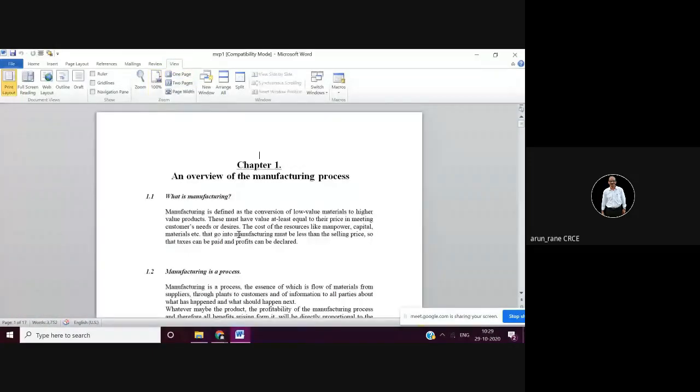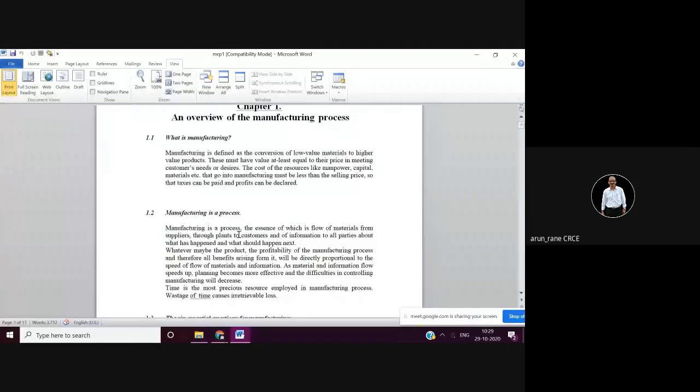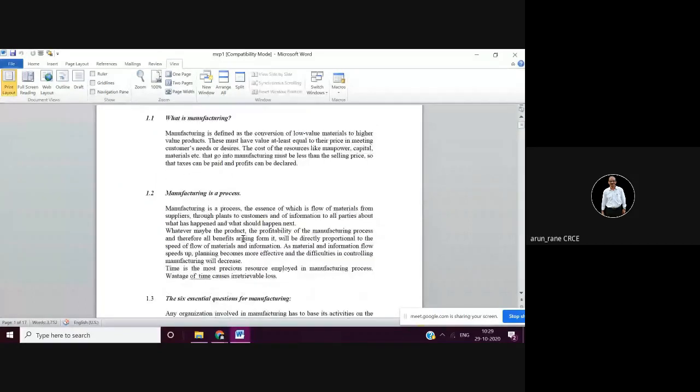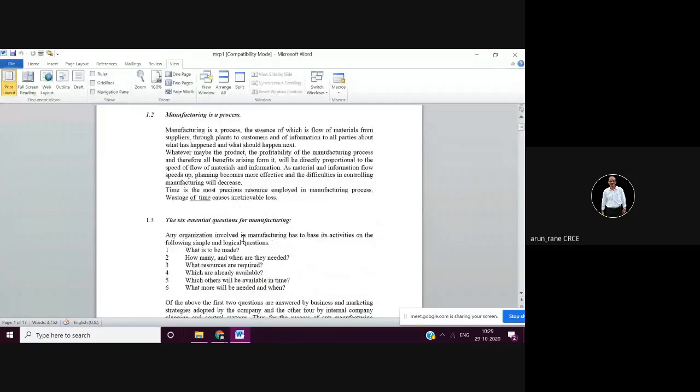So this will be helpful for your examination. That is, it gives you what is manufacturing. It also covers some part of your form, that is production and operation management.